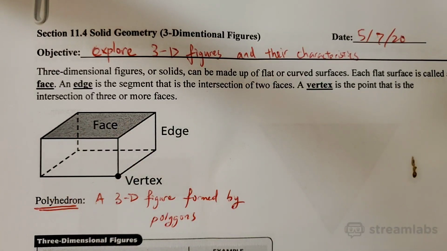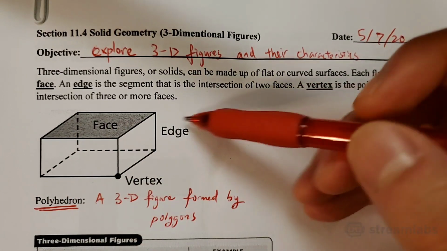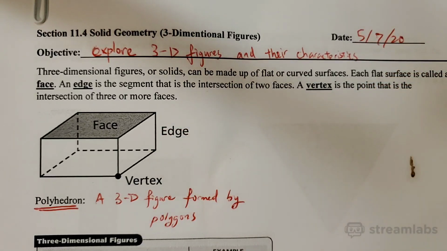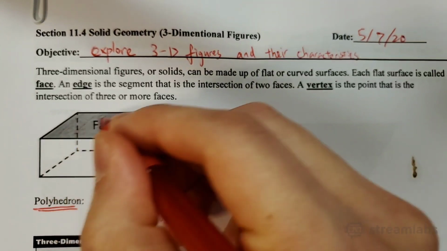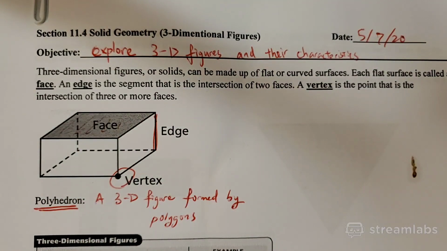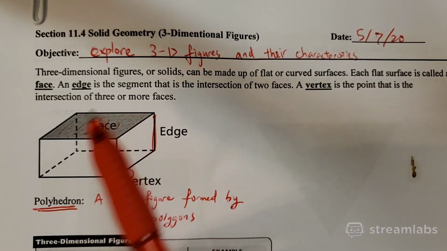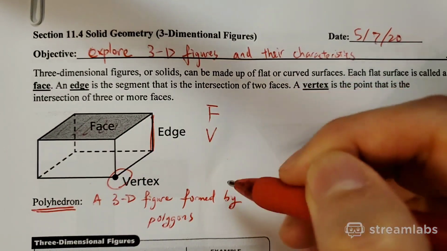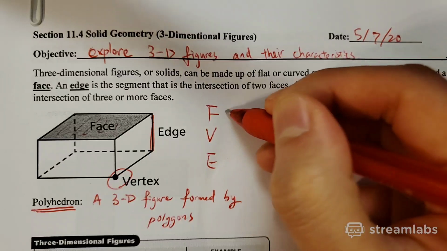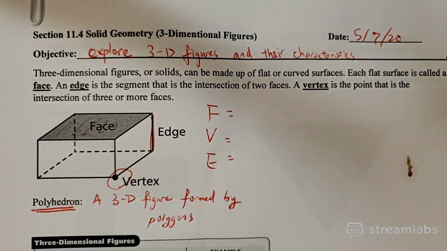This is a type of polyhedron, and there are different aspects of it, okay? You have a vertex, you have an edge, you have a face, okay? Now, can you tell me how many faces, how many vertices, how many edges that this particular polyhedron has?